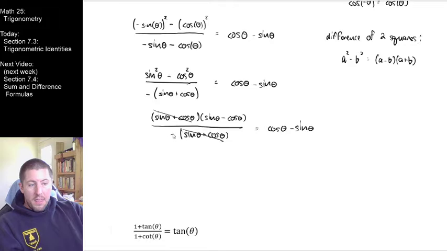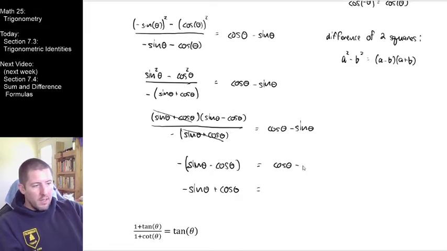I am left with the negative. So don't forget that negative right there. That negative's still here. Negative sine of theta minus cosine theta. And that's going to give me negative sine theta plus cosine theta when I multiply it back out. And that's exactly going to be the same thing as our desired expression on the right here.